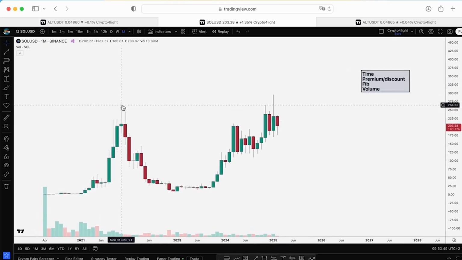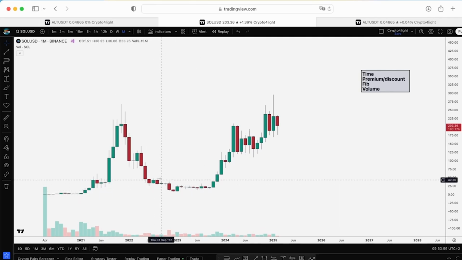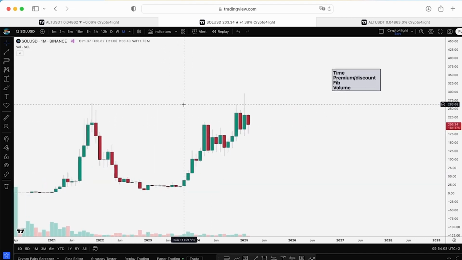But the logic of the premium discount zone on the monthly time frame, on the weekly time frame, was correct, and it was not a mistake to start accumulating SOL at 56 and, for example, at 8. To build the average entry like 40 or 30. Got it. So this is a global one.